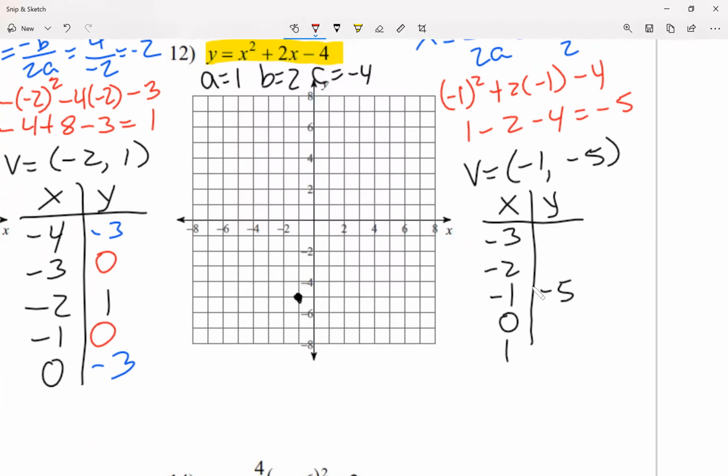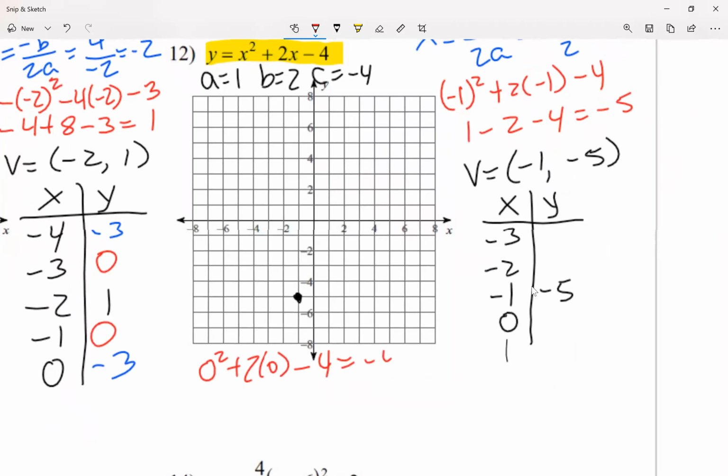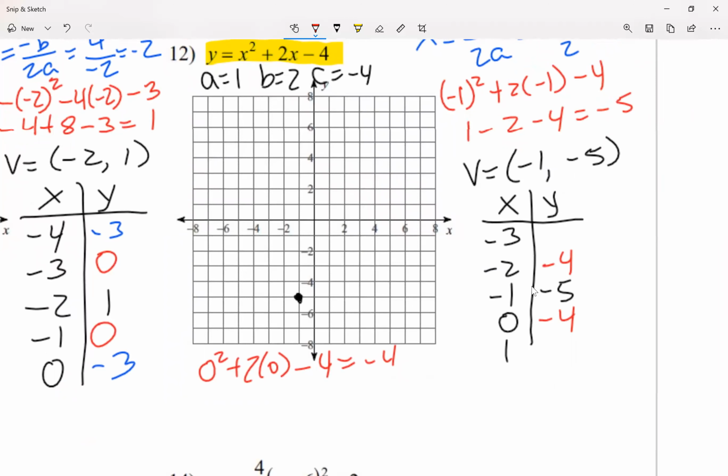All right, if X equals 0, I get 0 squared plus 2 times 0 minus 4. And this gives me -4. So if X equals 0, Y equals -4. Good thing is that I get the same value when X equals -2. If you don't believe me, try it, and you're going to see.